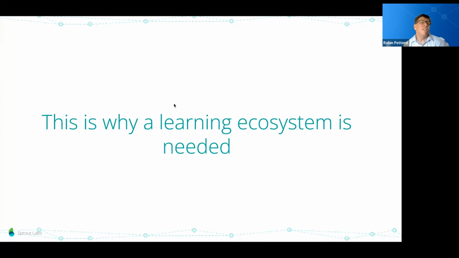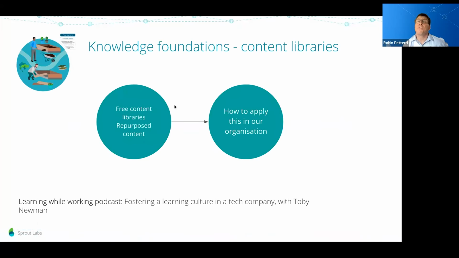To talk about a very simple way of building a learning ecosystem around an existing resource is actually how Toby Newman talked about it. At the time of this interview, he was working for HERE Technologies. They're the people who make the GPSs that are in modern cars. It's a really rapidly changing environment, so quite often they would content curate, choosing existing things from libraries.